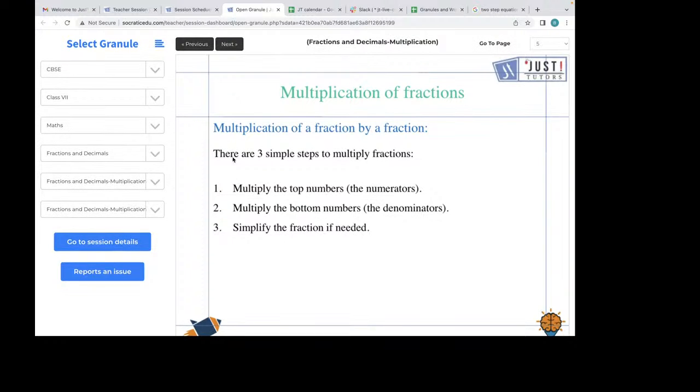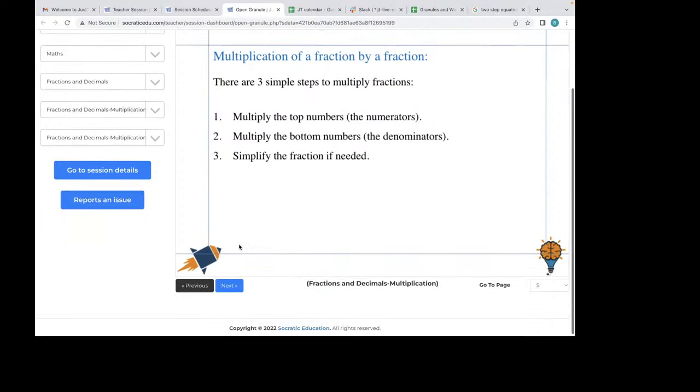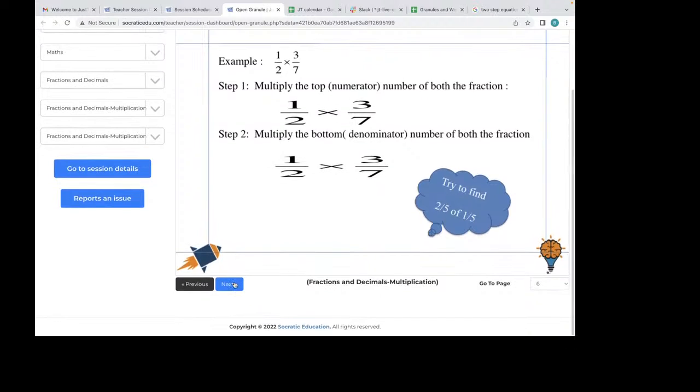Now the next one is multiplication of a fraction by a fraction.